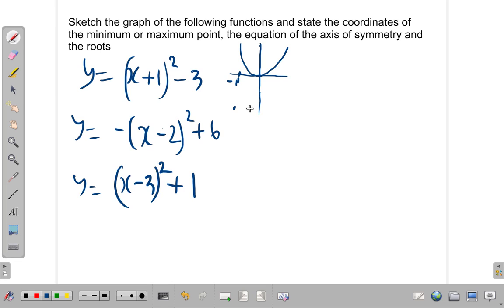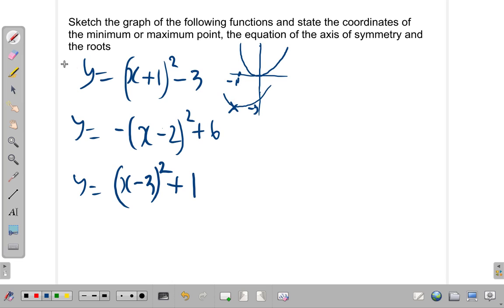So the minimum point, it should have a minimum point because this here is positive. Minimum point is located at -1, -3.